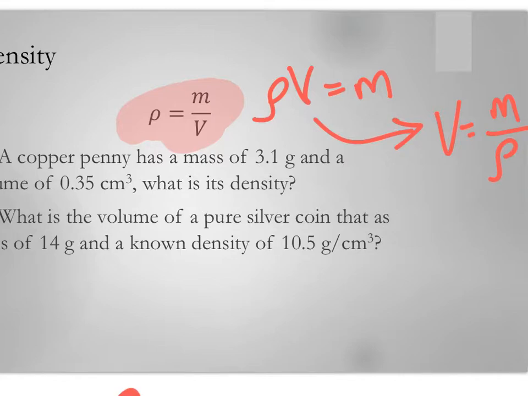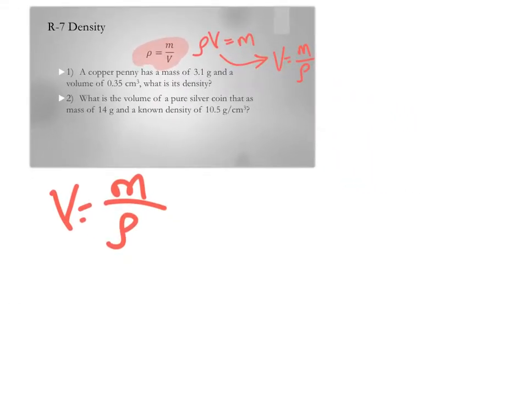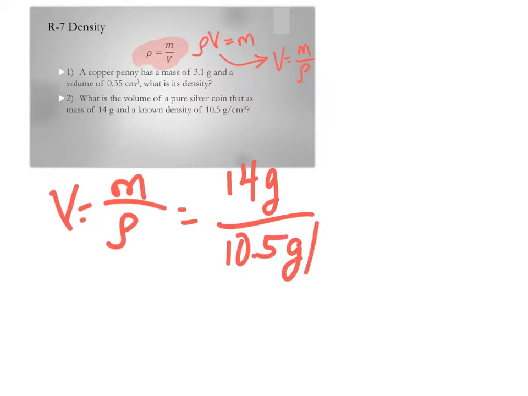And so your volume is the mass divided by the density. All right, so let's do the problem now. Just use the numbers you're given. You have 14 grams, and you're dividing it by 10.5 grams per cubic centimeter.